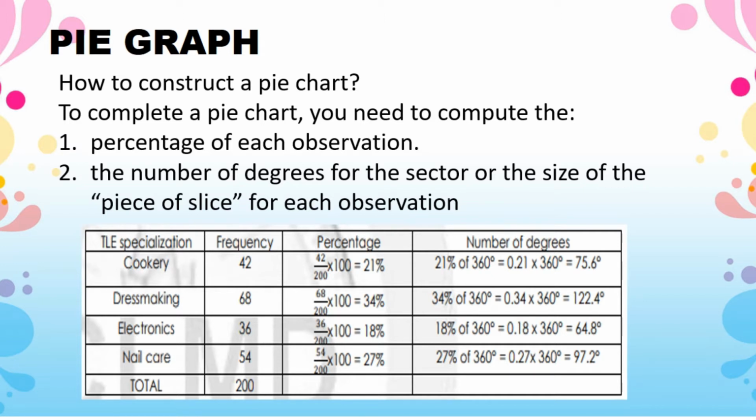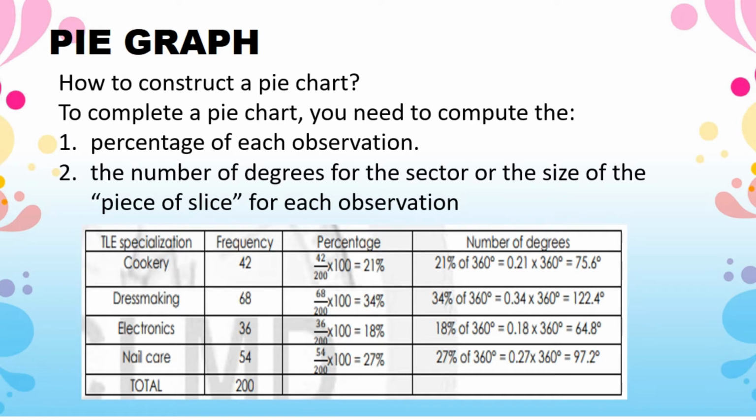In cookery, we have 42 divided by 200 times 100 is equal to 21%. The number of degrees, get the 21% of 360 degrees, it is equal to 75.6 degrees.